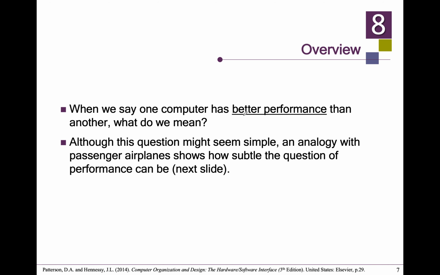When we say one computer has better performance than another, what do we mean? This is what I mentioned: my chat application is better than WhatsApp. How do you define better? It is not something you can use to justify performance, including computer performance.